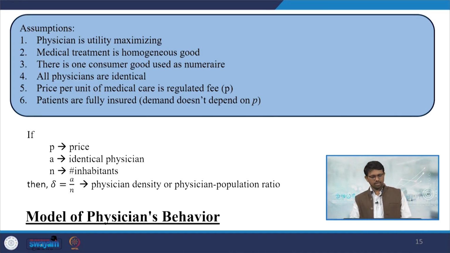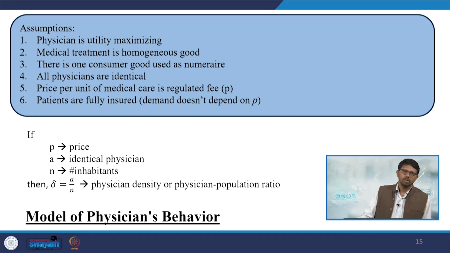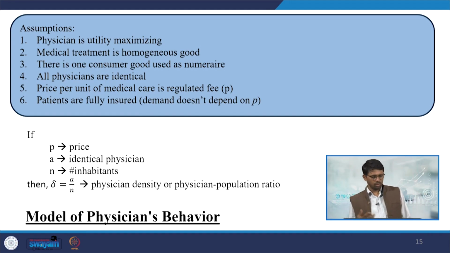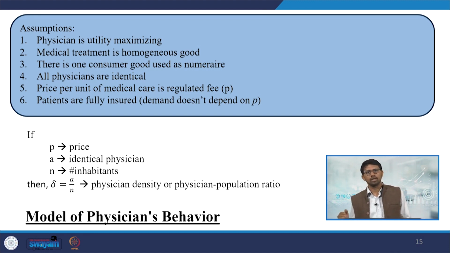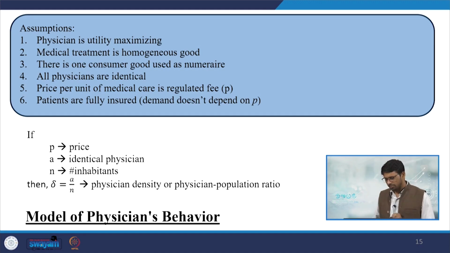Let us start with the physician's behavior. Let us model the physician's behavior. Before that, we need to take some assumptions, starting with that the physician is utility maximizing, medical treatment is homogeneous in nature, or the treatment as a good is homogeneous. There is one consumer good used as numeraire to compare the other facilities.